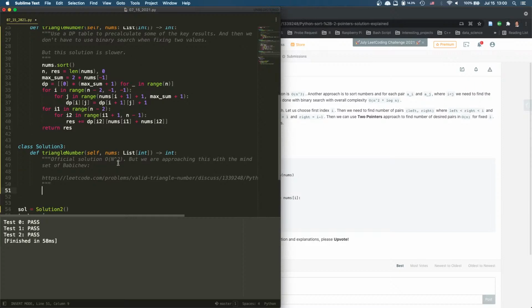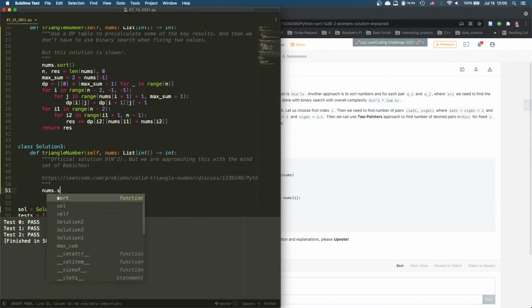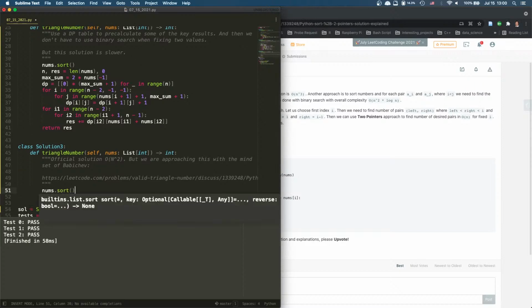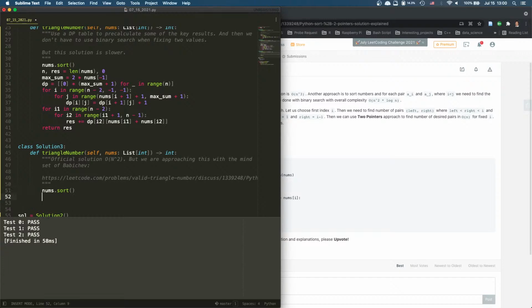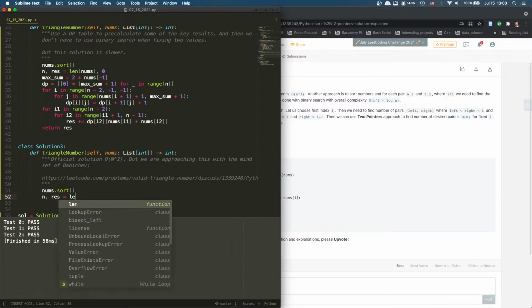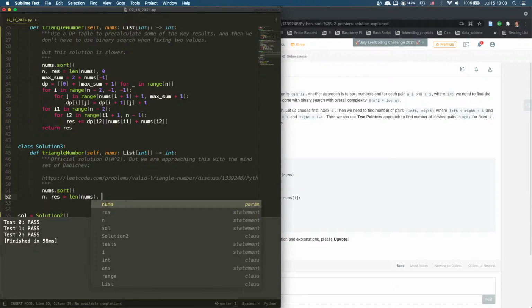Okay, so same thing, we're going to do nums.sort. After we sort it, we say n, res equals len nums and 0, right?